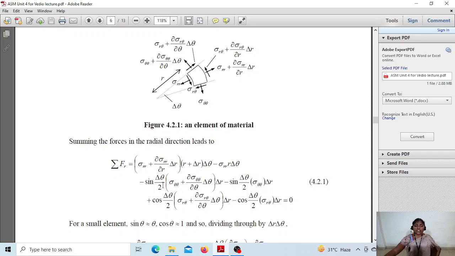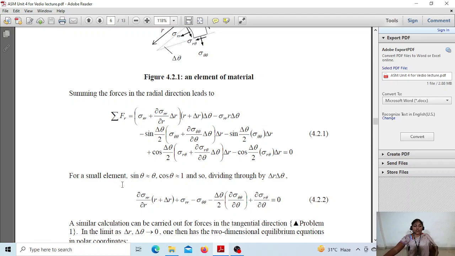That is the sine component, because it is inclined. So again you will have the cos component: cos delta theta by 2 into sigma r theta plus dou sigma r theta by dou theta into delta theta, into delta r, minus cos delta theta by 2 into sigma r theta into delta r is equal to 0.